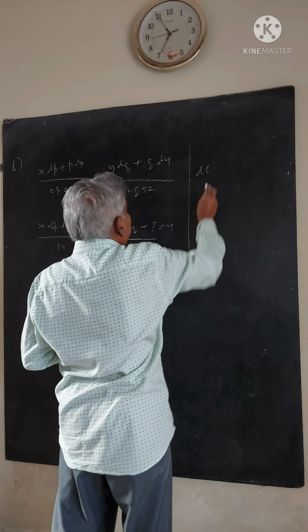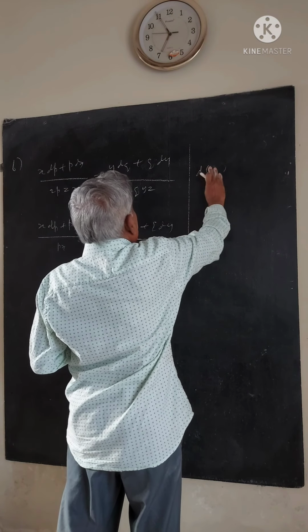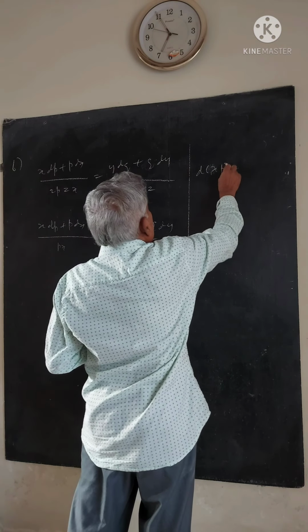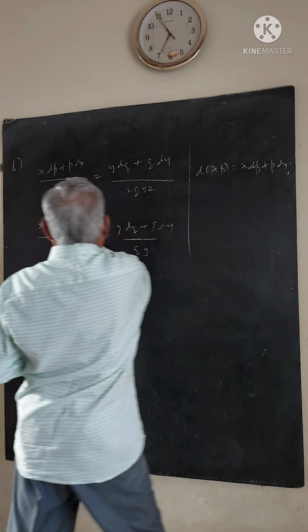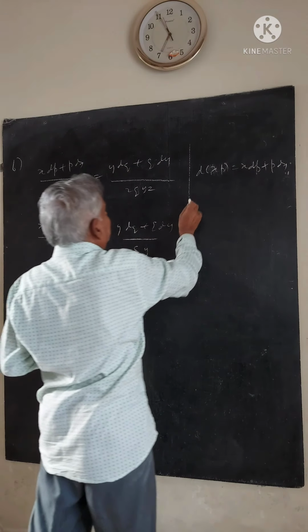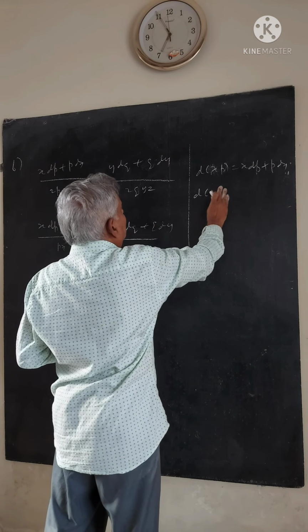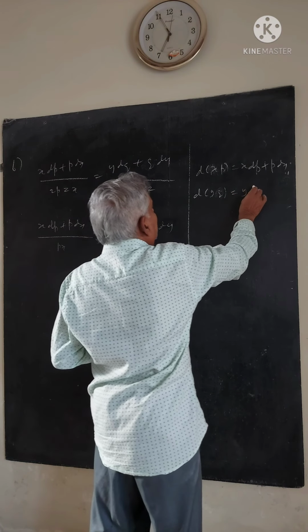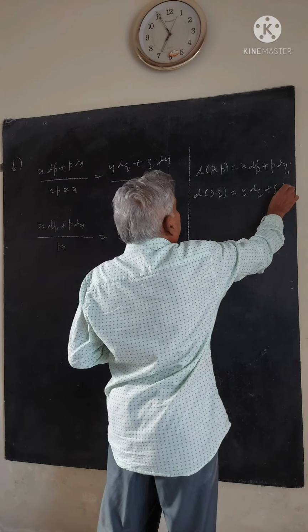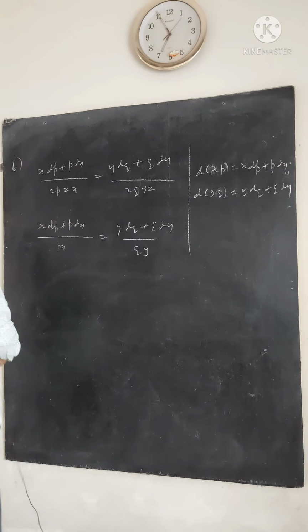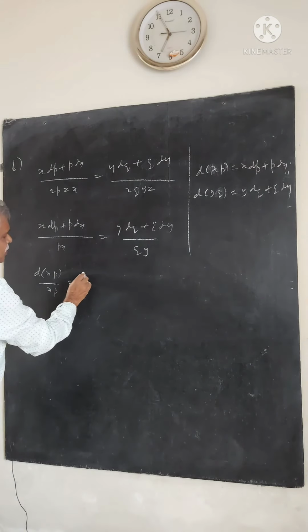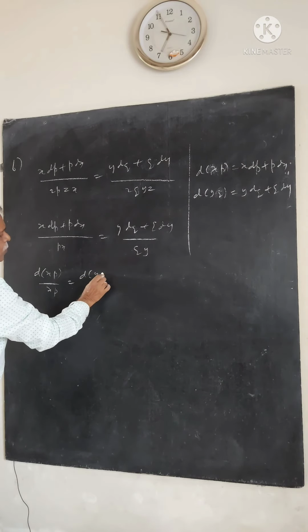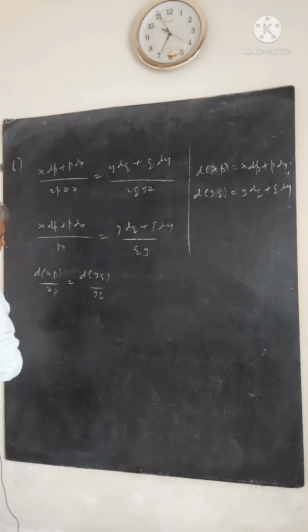Differentiation of xp is x dp plus p dx, by the product rule. Same, we are seeing the differentiation in the numerator: d of yq equal to y dq plus q dy. So differentiation of xp by xp equals differentiation of yq by yq.